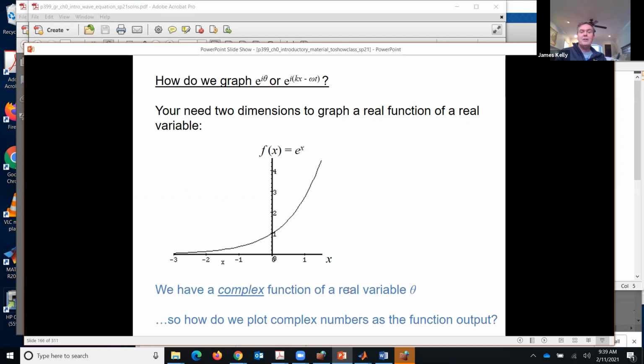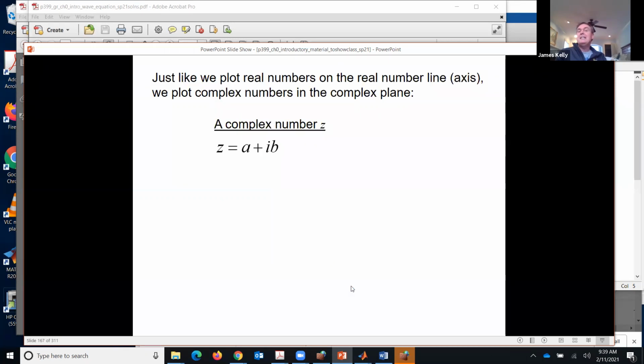So if we have a complex function, I'm assuming you guys have seen something like this before, but plotting in the complex plane, if I've got not a real number but a complex number, usually it can be written in standard form as a real number plus i times another real number. That's the most generic complex number. And just like we plot real numbers on the real number line, we plot complex numbers conventionally in the complex plane.